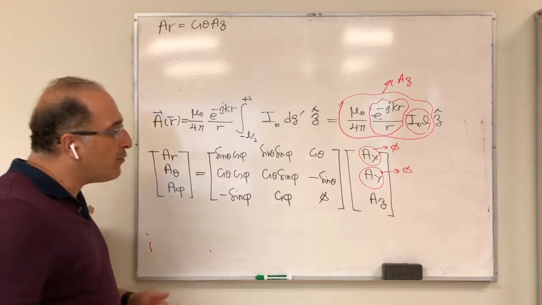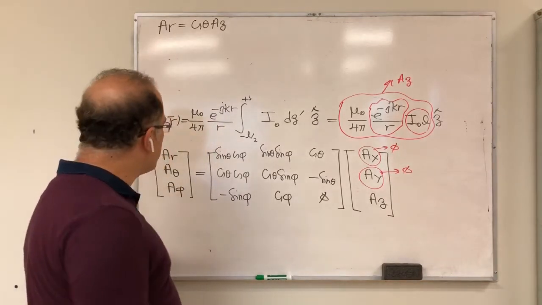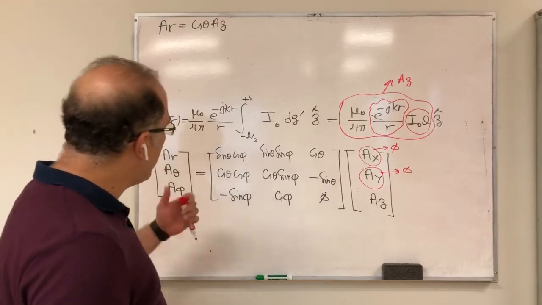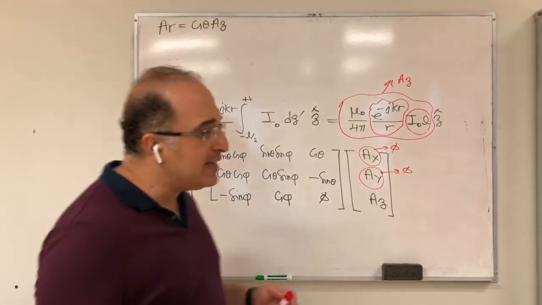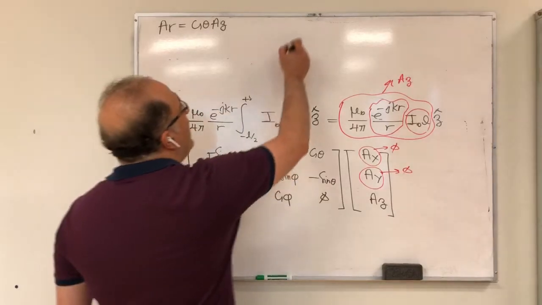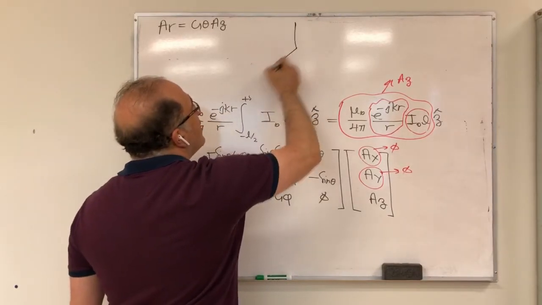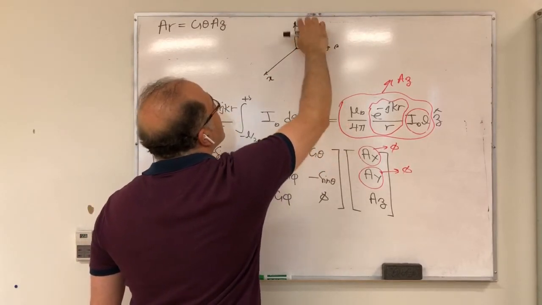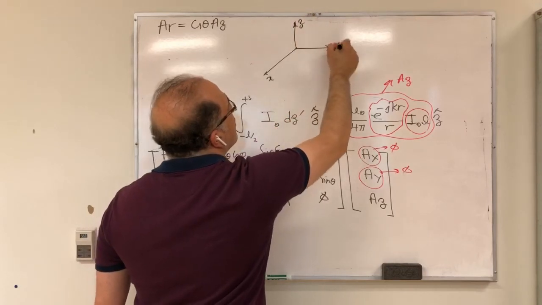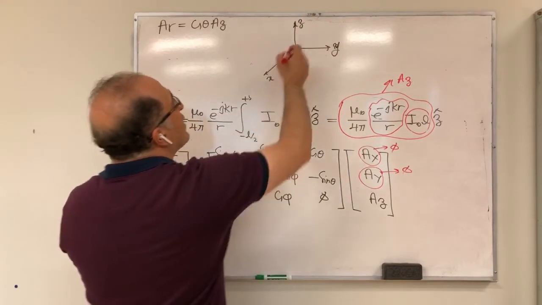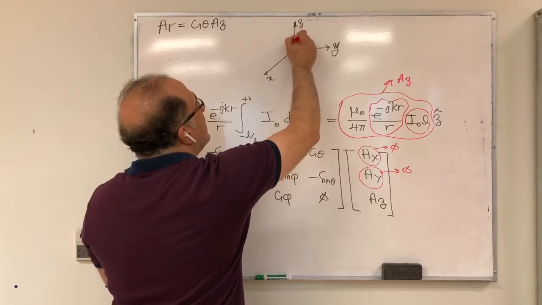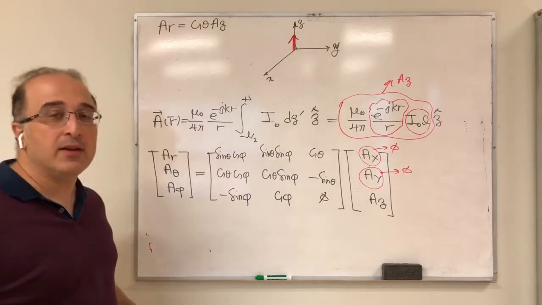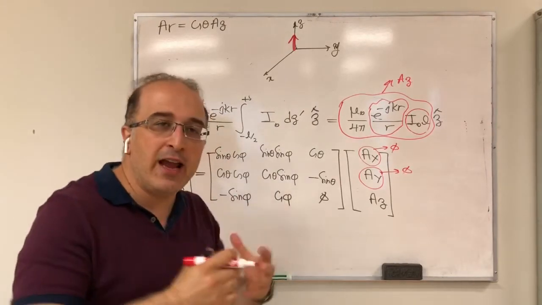Now I want to make sure that you understand what's going on with this A_r. Remember that A is in the Z direction. So assume that I have a coordinate X, Y, and Z, and this is a vector in the Z direction. Does this vector have an R component? Remember, r hat means radially outward.